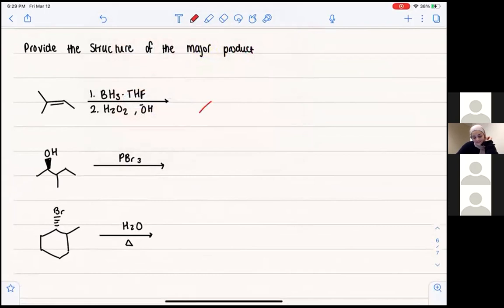Over here, the first answer is this. What does a triangle mean? That is heat. So yes. Over here we have a Br or a Br like this.